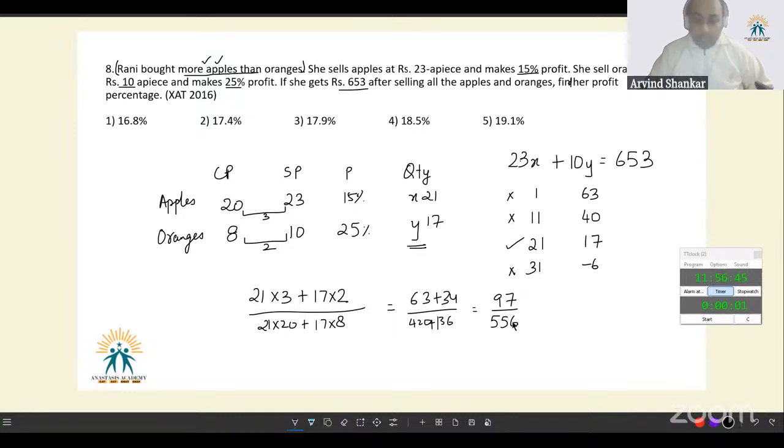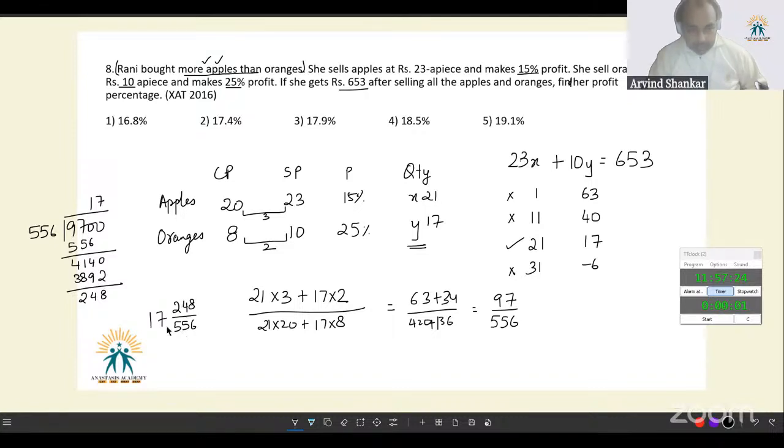Now if we solve this, we get 9700 by 556. Dividing, we get 17 whole 248 by 556.